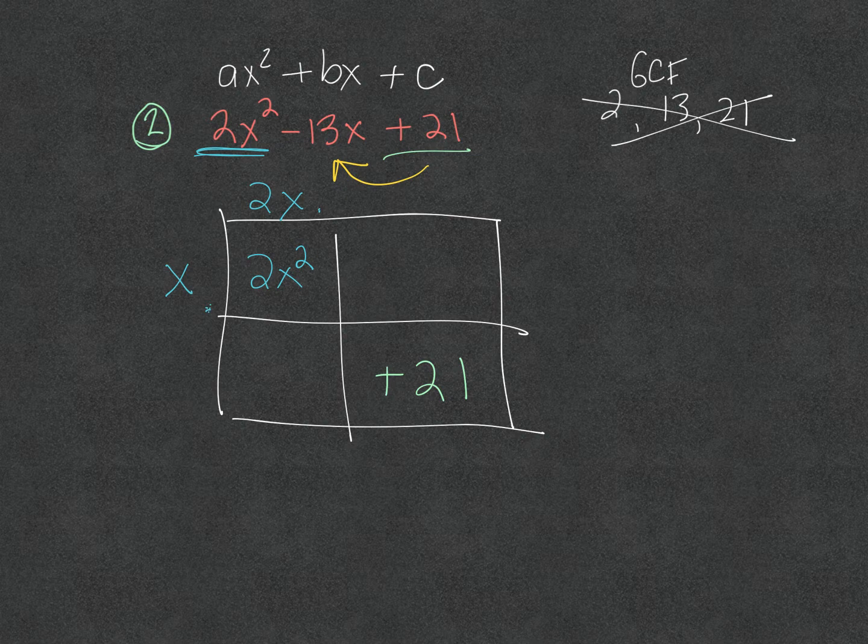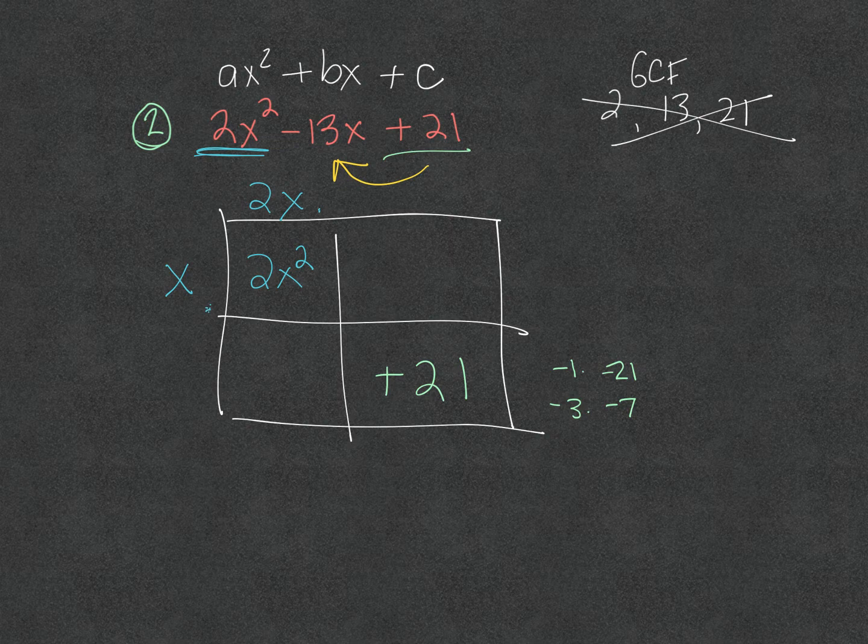Okay, so I'm going to start by listing the factors here. So 21, negative 1 times a negative 21, a negative 3 times a negative 7, and I think that is it for factors of 21.